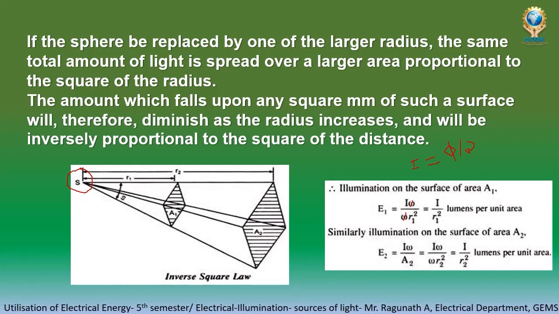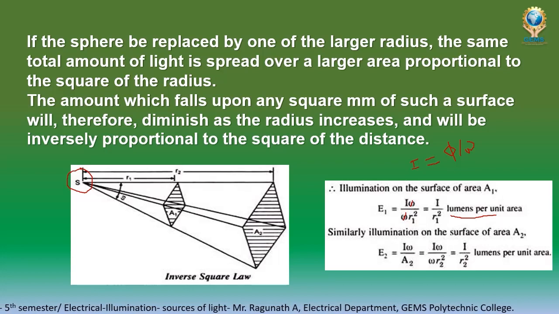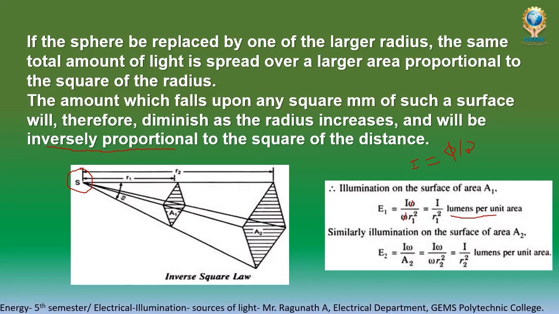So this is measured in lumens per unit area. Okay, so this is the first law. In this we can keep in our mind, the main thing is the illumination will be inversely proportional to the square of the distance.